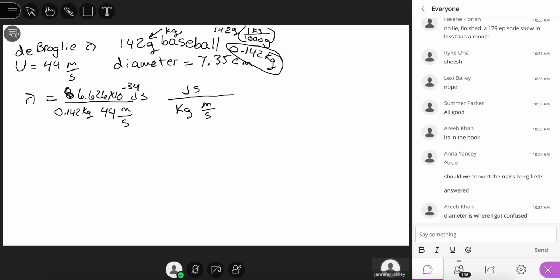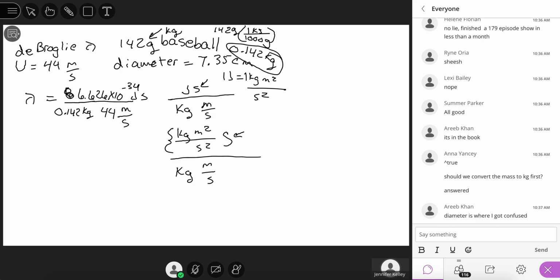So you have to remember that 1 joule is equal to a kilogram meter squared per second squared, and you have to plug that in. So this part right here is the joules, and then this part is just the second from right there. So it's joule seconds over kilograms meters per second.